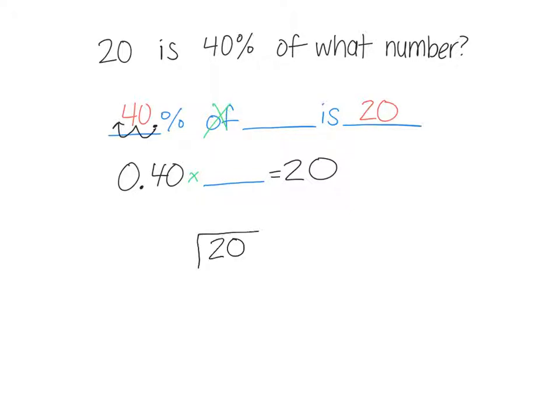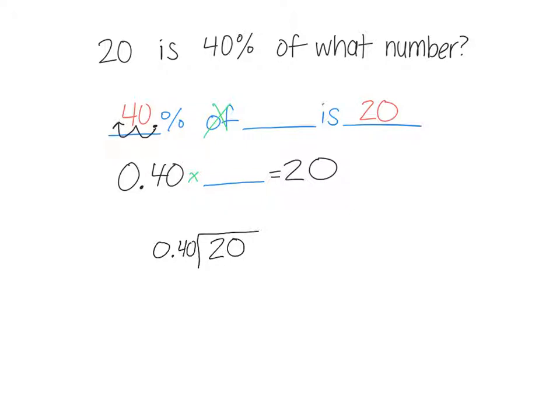20 divided by 40 hundredths. Now we'll solve this just by doing normal decimal division. If you aren't quite comfortable yet with decimal division, I do have a video that walks you through it, so you can always refer to that video if you need more practice. I'll walk through this quickly now.